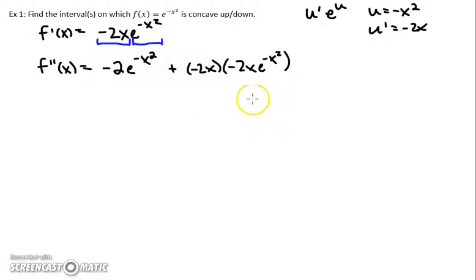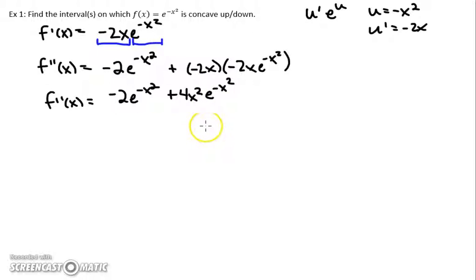So we can simplify this a little bit. Negative 2e to the negative x squared, and negative 2x times negative 2x is a positive 4x squared e to the negative x squared.